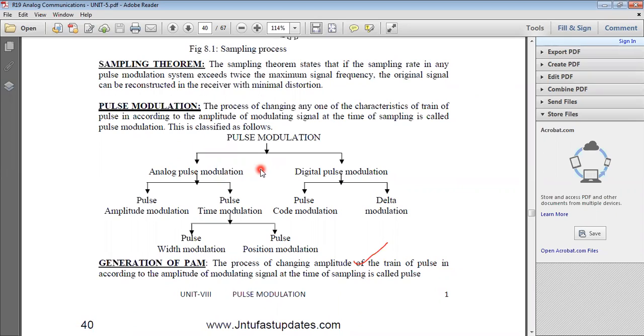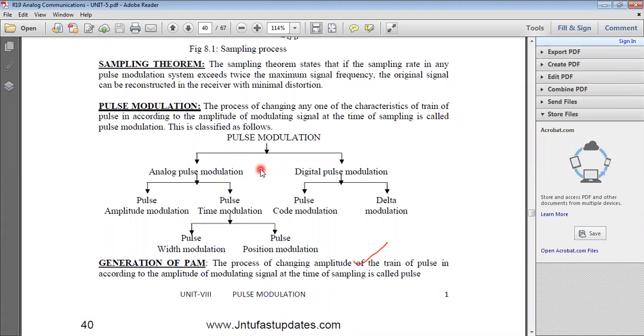In the case of previous techniques, that is AM, FM, or PM, the carrier is also an analog signal, and the characteristics of the carrier change according to the modulating signal. If it is AM, the carrier signal amplitude changes according to the amplitude. If it is FM, the carrier frequency changes according to the frequency of the modulating signal.